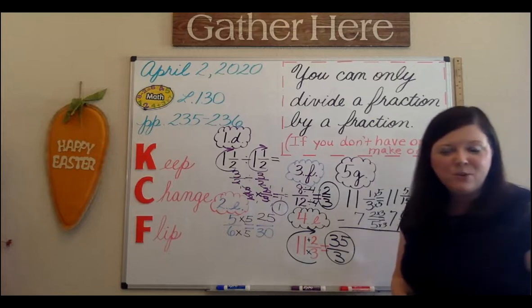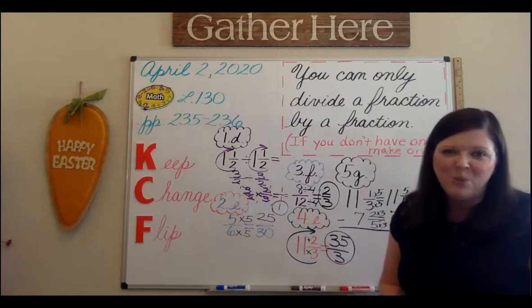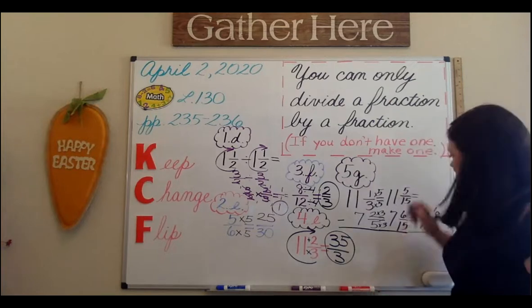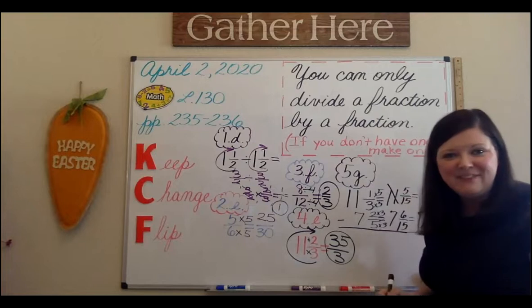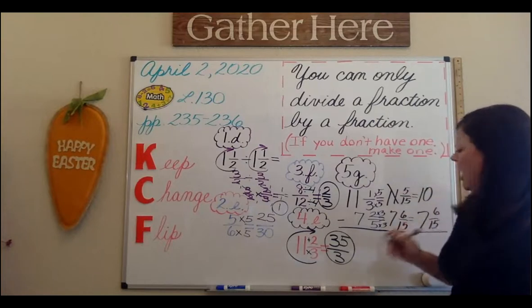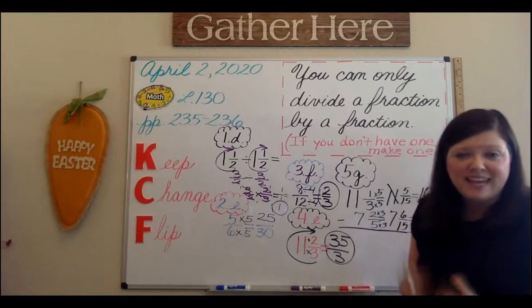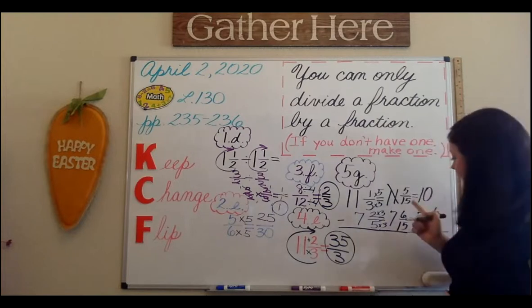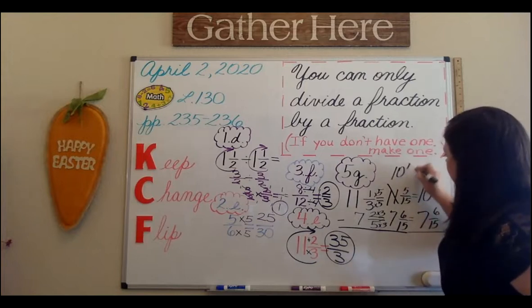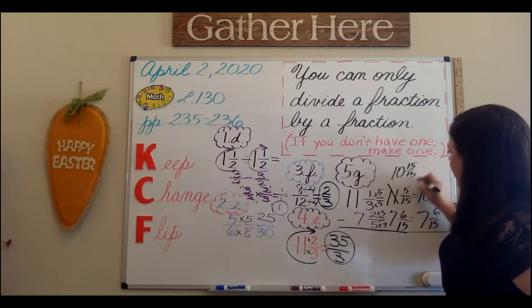Now, whenever we have a bigger number on the bottom, we must always borrow. We are going to borrow from the whole number. 11 becomes a 10. But what is the next number that equals 11? But we have to use the common denominator of 15. 10 and 15 fifteenths.